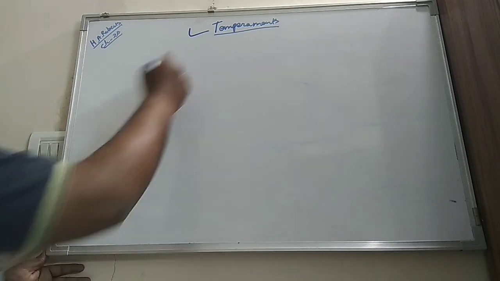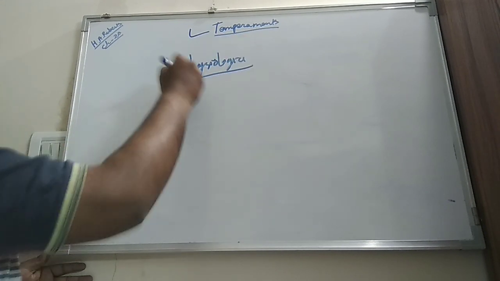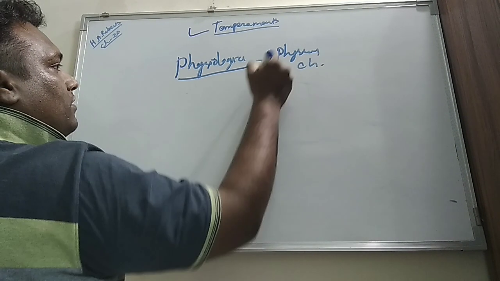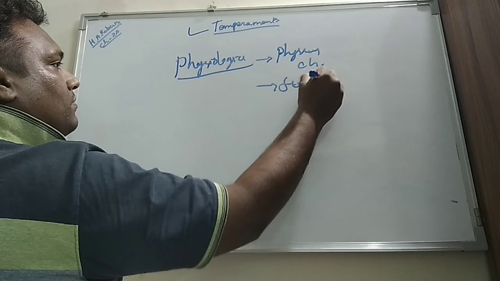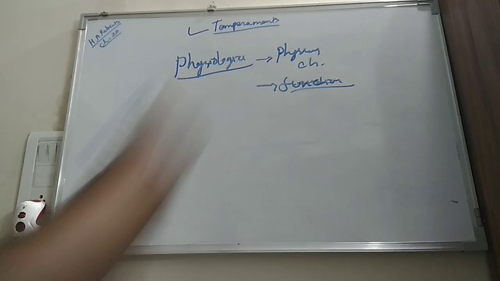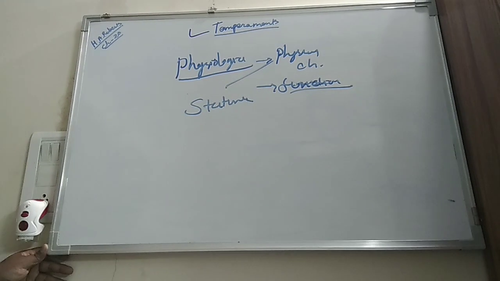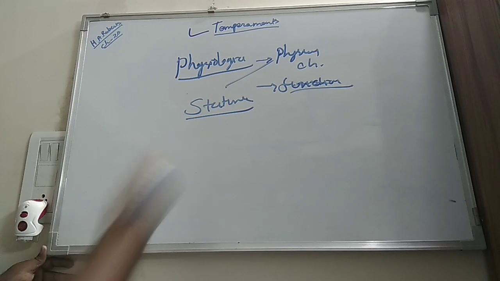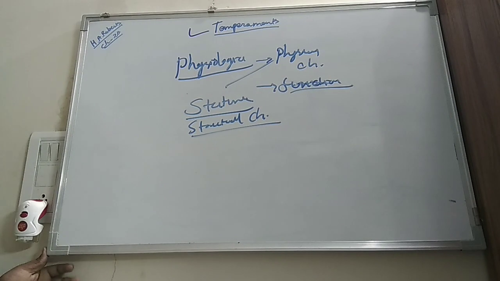Temperaments are by and large physiological. That means based on physical character or functions. Besides physical character, we call stature, how a person is built, or structural characteristics.